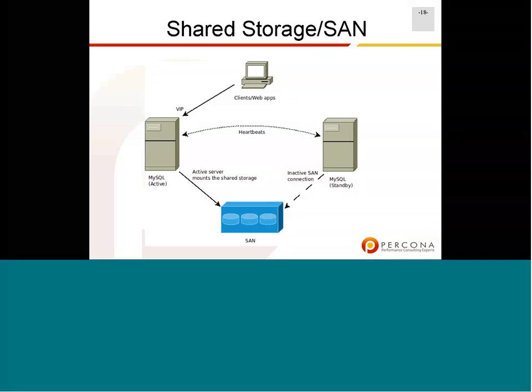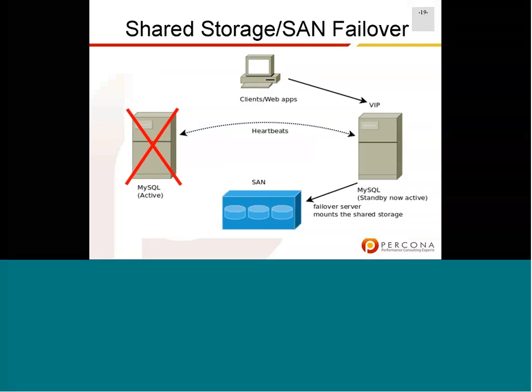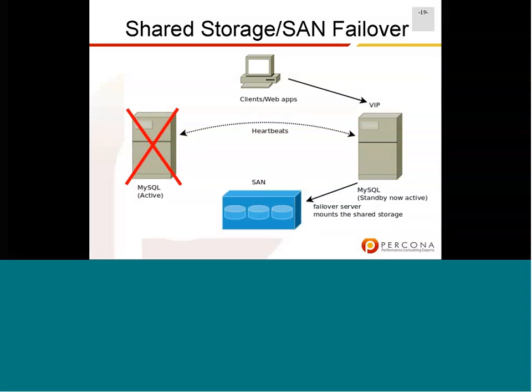What happens when there's a failure? The surviving node, the standby, will realize that the active is not responding to the beats and will initiate a failover. During the failover, if for whatever reason it cannot take over a resource, it will fence the other node.